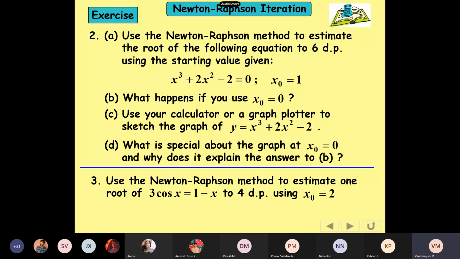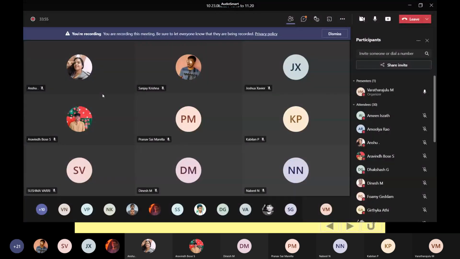Yes, there is an issue with my calculation. What was the first iteration result? 0.857143, right? And the second iteration result? 0.839545. Yes, sir.